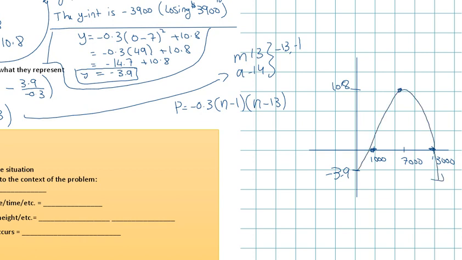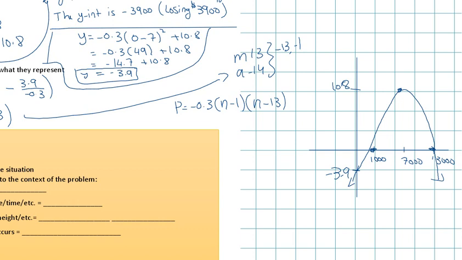If you sell 0 chocolate bars, you're going to be losing money, $3,900, right? The moment you sell 1,000 chocolate bars, you're going to be making 0, so you break even. Whatever it costs you and whatever you make cancel each other, and you make 0 money. It's like you haven't done anything.